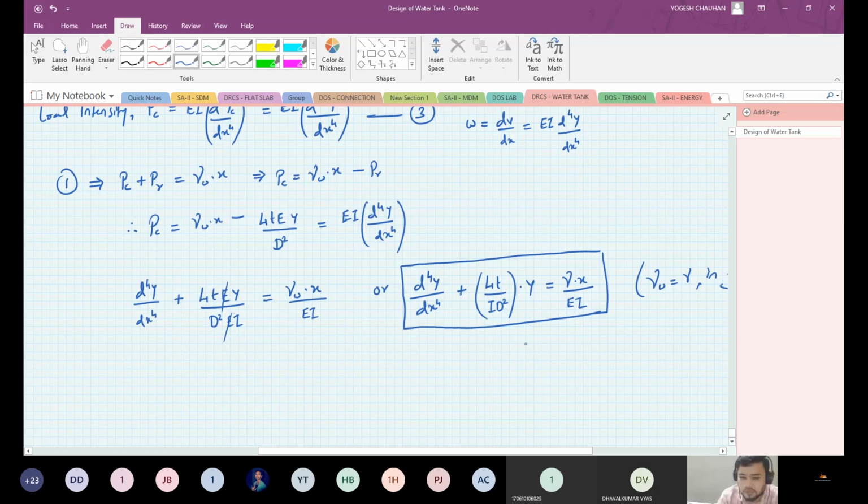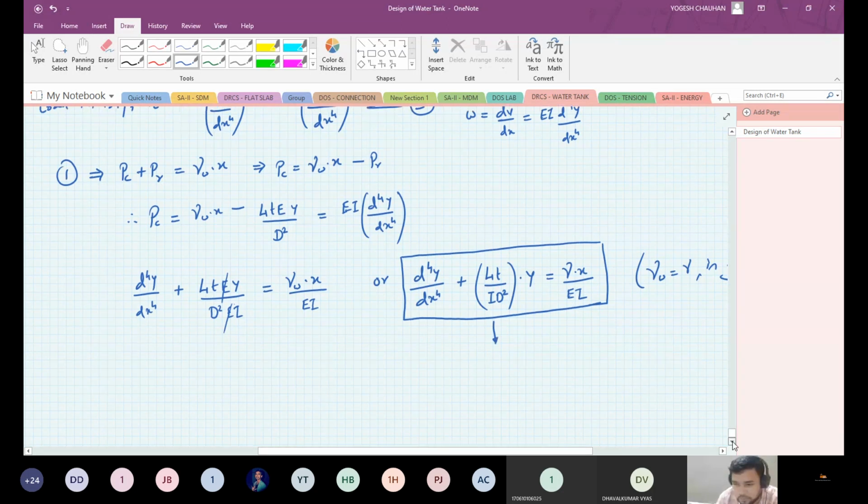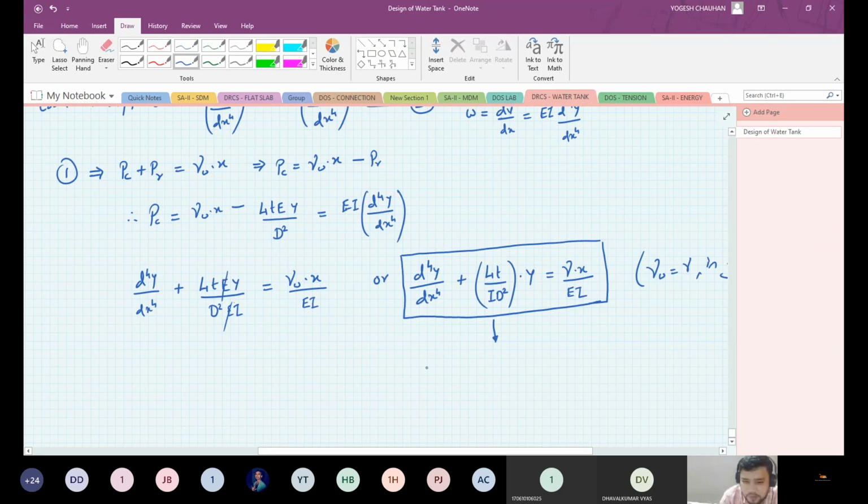If you remember from mathematics, this is of the form y to the power 4, meaning the fourth derivative of y with respect to x, plus some constant k to the power 4 into y is equal to c.